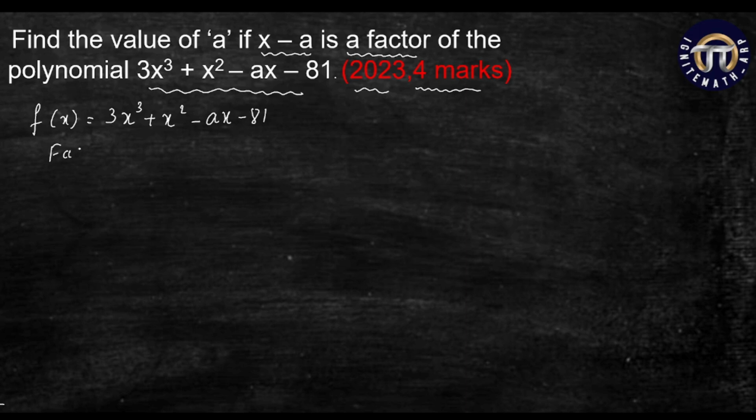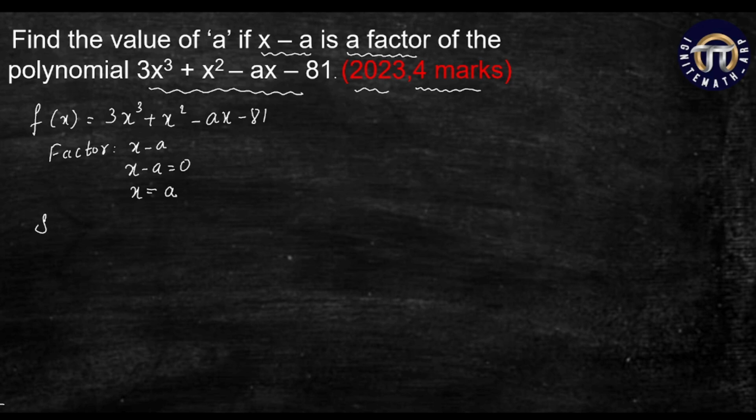So what is the factor over here? Factor is x minus a. So the factor to be equated to 0, x minus a equal to 0, x equal to a. So since x minus a is a factor, what should be the remainder? Remainder should be 0.